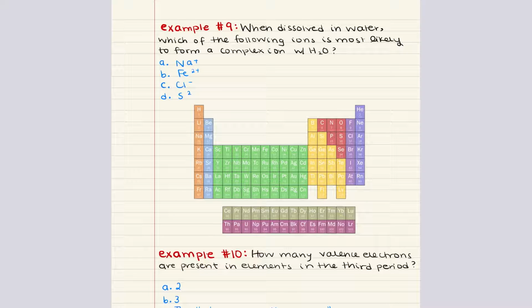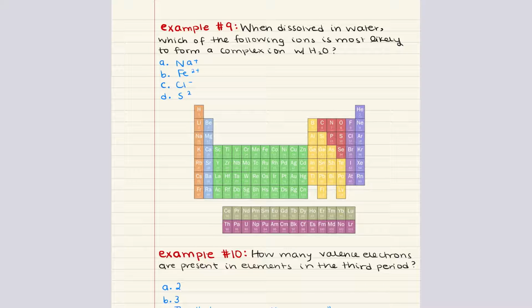A complex ion consists of a central metal ion that's bonded to one or more molecules or ions via coordinate covalent bonds. Now, water molecules can act as ligands due to the lone pairs of electrons on the oxygen atom, which can then coordinate to a metal ion.